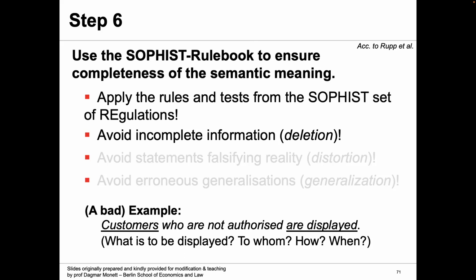In this example, there's confusion about what is to be displayed, how, to whom it is to be displayed, and when. So I hope we have this understanding while writing requirements that ambiguity is one thing that we should not be adding as we write the requirements down.